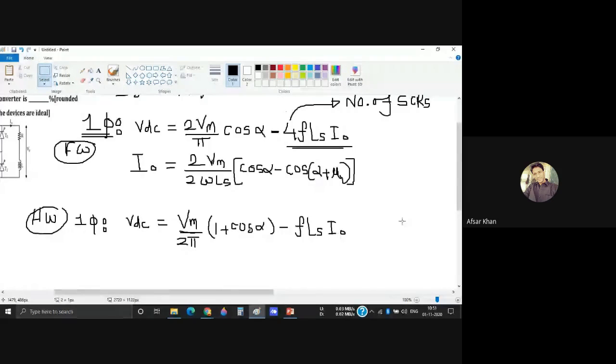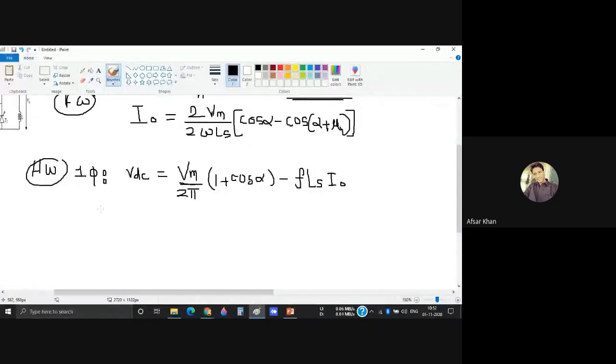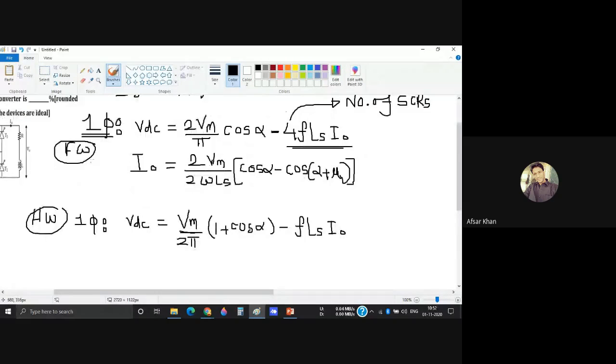So all these formulas you have to remember. In this question only full wave is asked, so we will not go into half wave, but just remember this formula. Your current I naught can be written with slight changes.